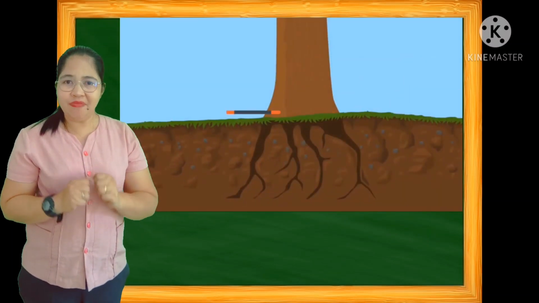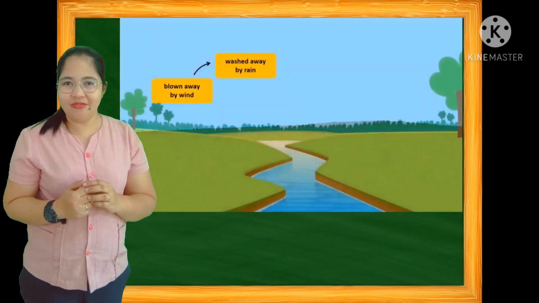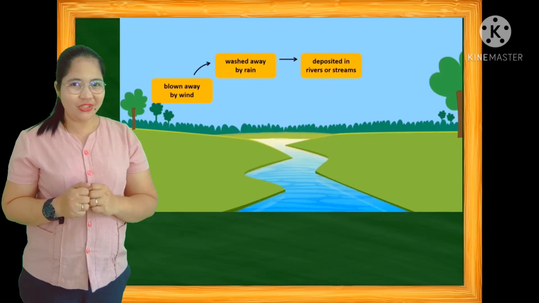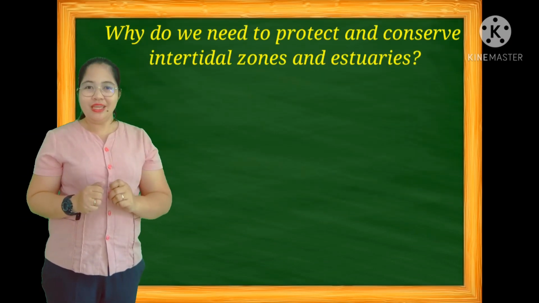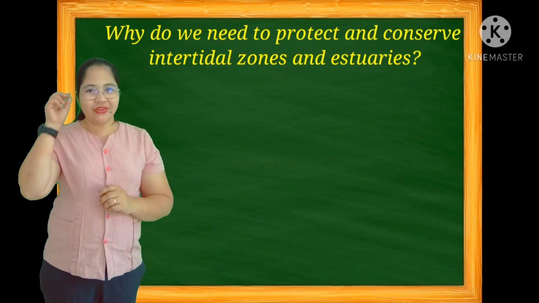But we have the power to protect it and conserve our environment, especially the estuaries and the intertidal zone. So again, why do we need to protect our estuaries and intertidal zone?